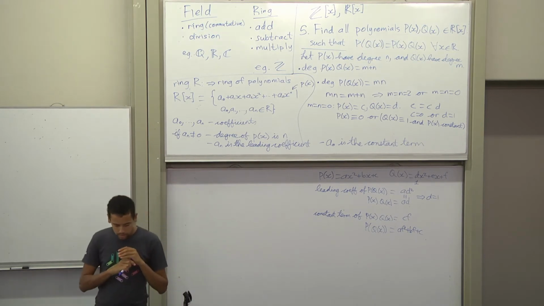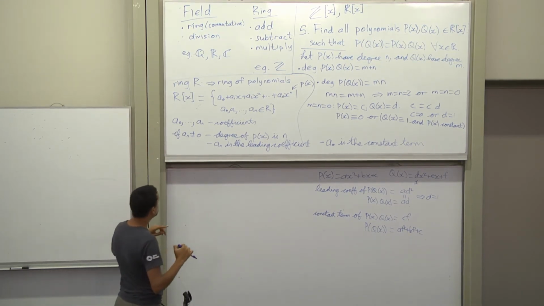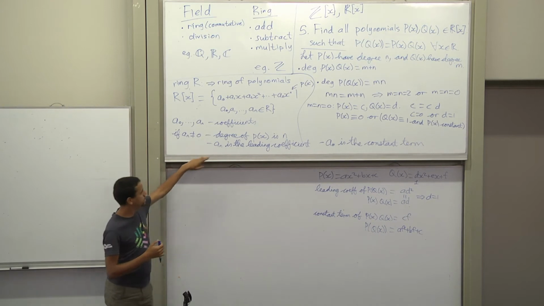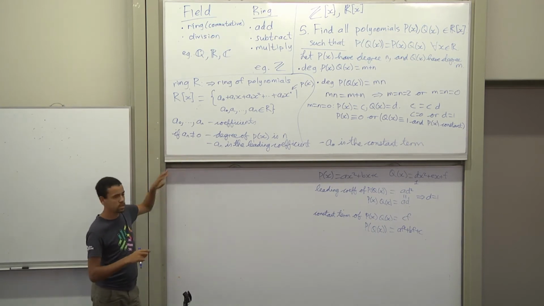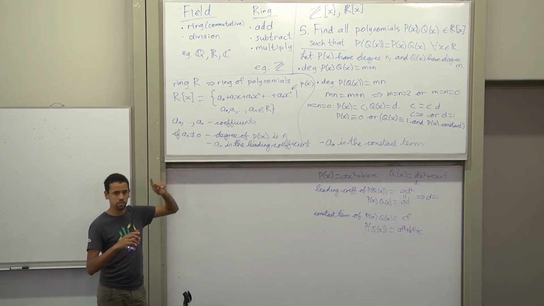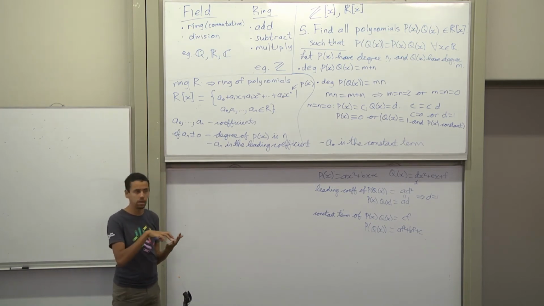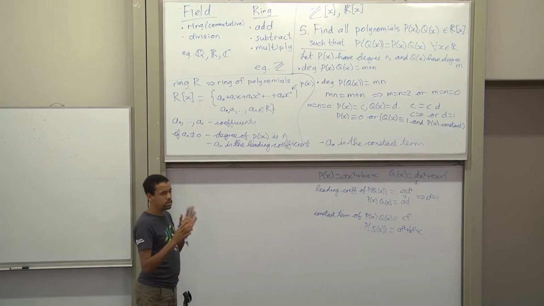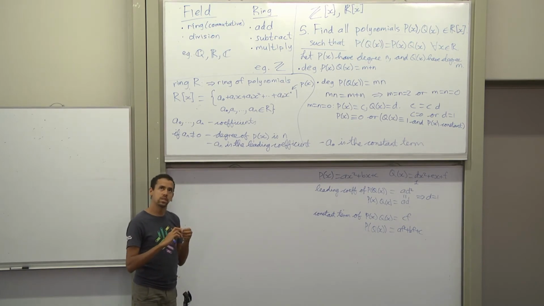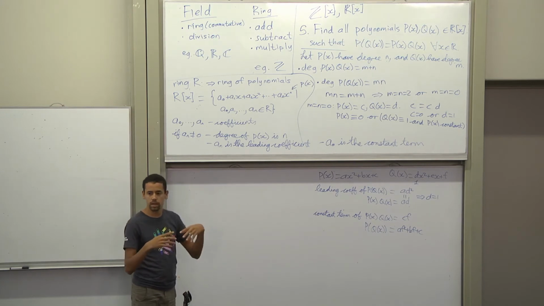Okay, so for polynomials, we have degree, we have coefficients, leading coefficients, constant terms, and we've seen how degrees behave when you multiply and compose two polynomials. Adding two polynomials, well, it's usually the degree of the bigger one unless they happen to cancel out.